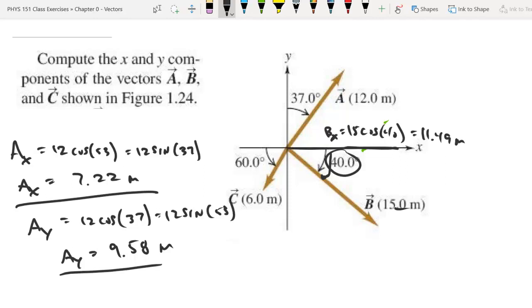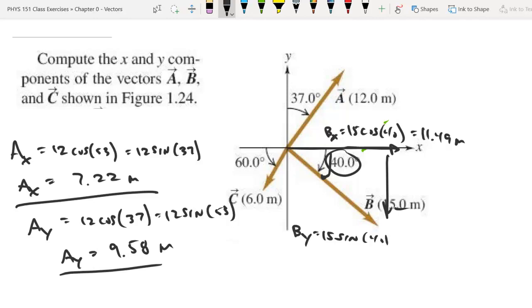If I do the same thing with By, this is By, right? By is going to be 15 times the sine of 40, right?